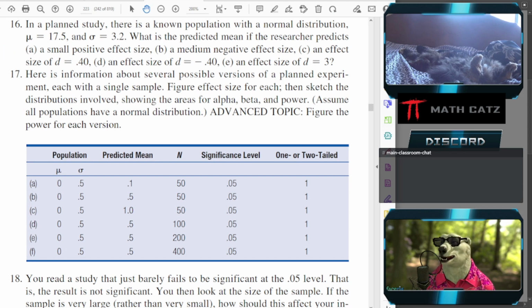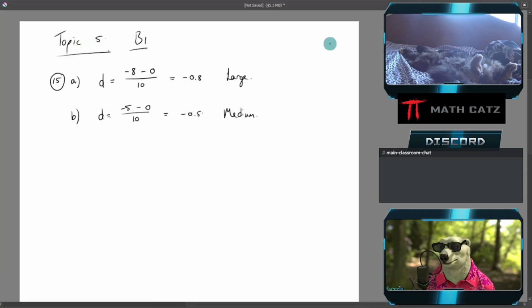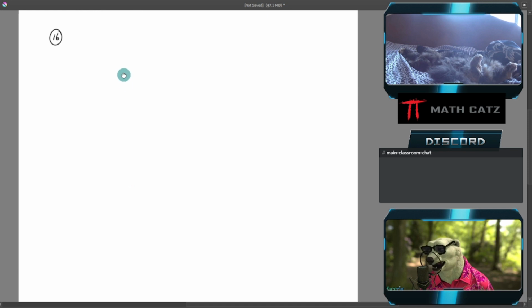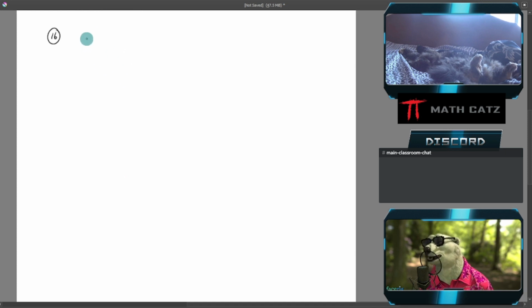So now we remember our, oopsie, my pen just fell. In number 16, let's move this up a touch. We think of our formula, which is effect size.